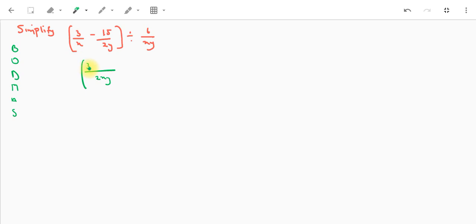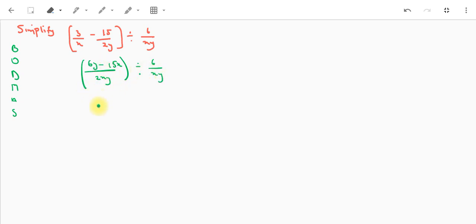That gives me 3 times 2 times y, that will be 6y, minus 2 will cancel 2, y will cancel y, x will be left. x times 15 gives you 15x, close bracket, divided by 6 over xy.